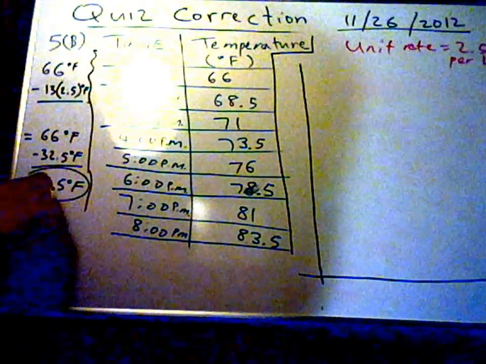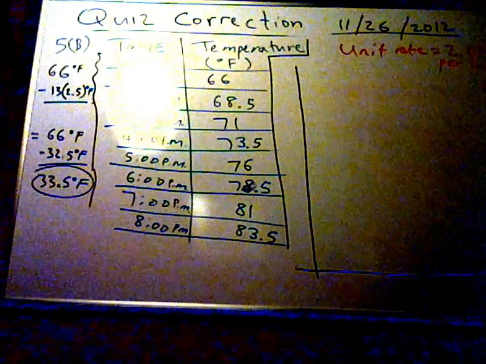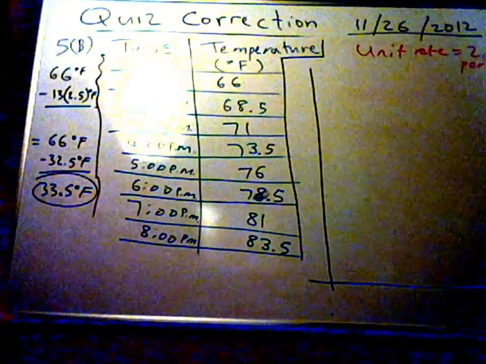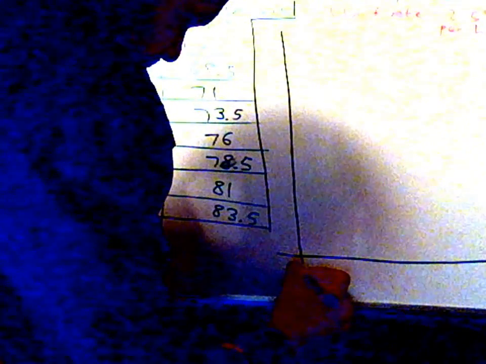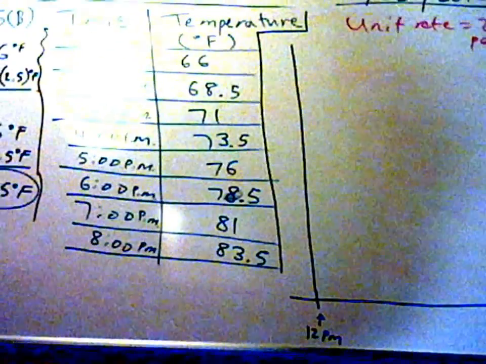Now, notice that this number is not equal to 0. So we know right away that the graph is not going to be proportional. So we don't have to go back to midnight. What I'm going to do here is make my 0 12 p.m., alright?